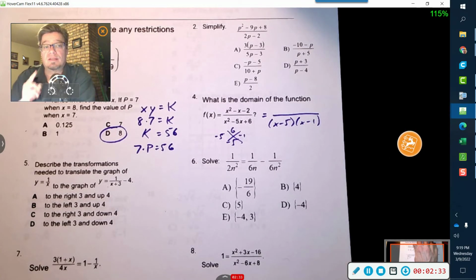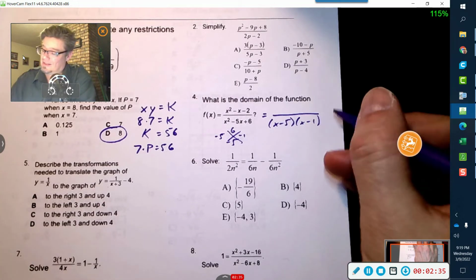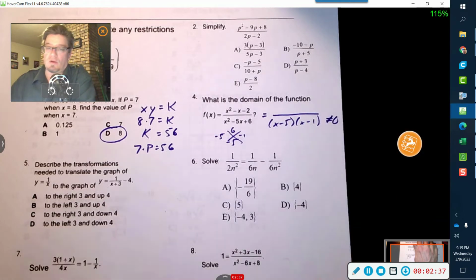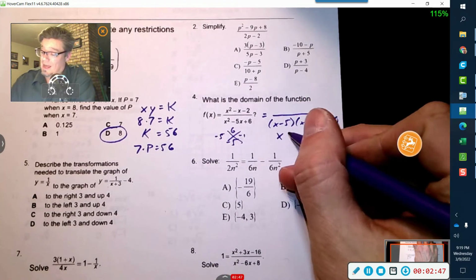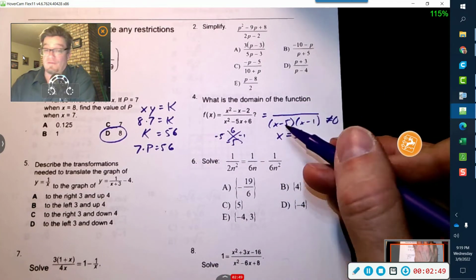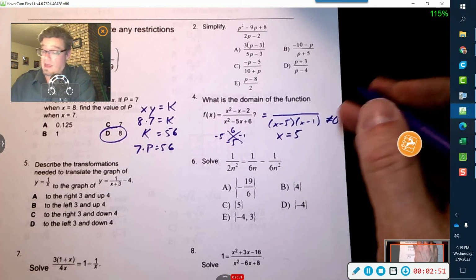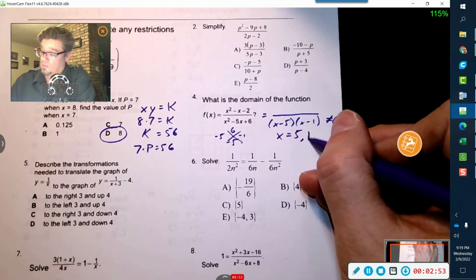It can be 0 in the numerator. I just cannot be 0 in the denominator. So all of my real numbers are going to have issues at these two values that will give me 0. And so we say that 5 would produce 0 and 1 would produce 0.